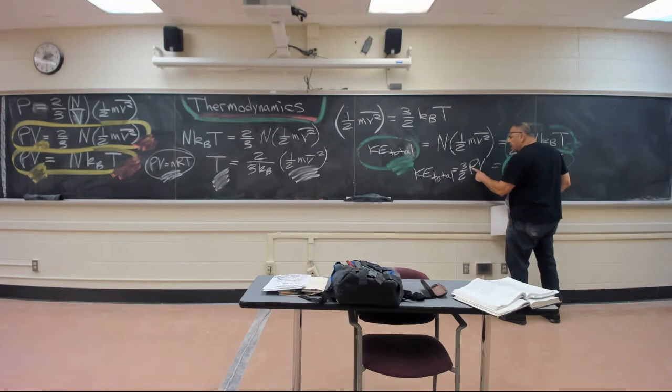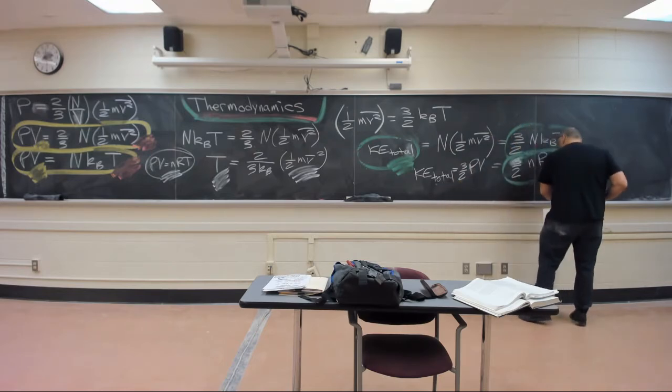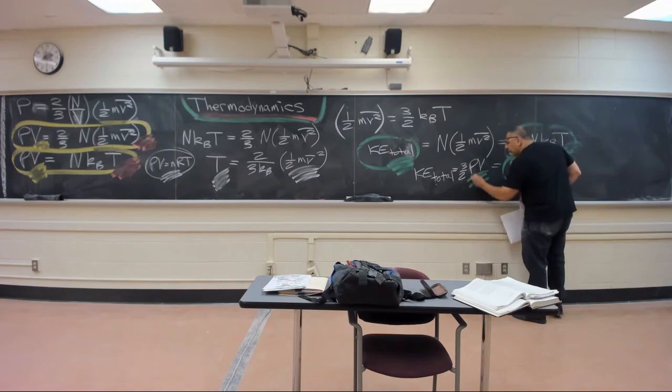Pressure times volume is energy or work. This is energy per unit volume times volume. You've got energy. The amount of kinetic energy, ladies and gentlemen, is directly proportional to P times V.